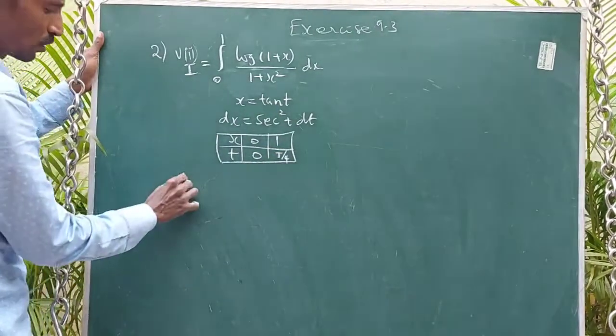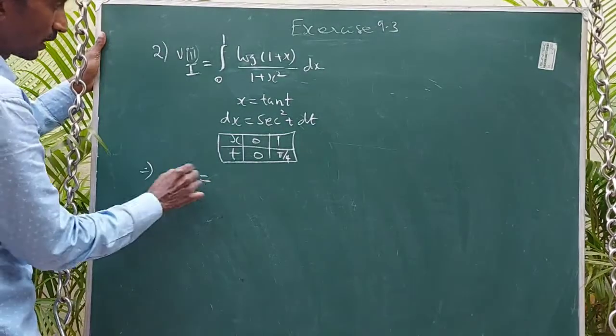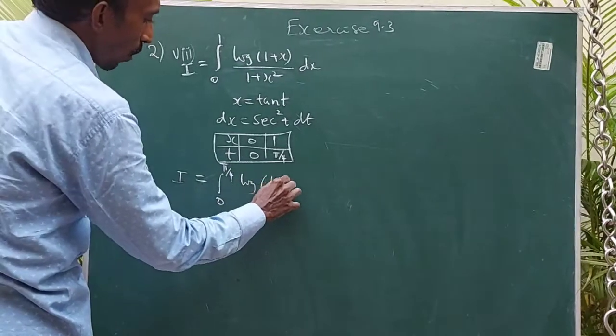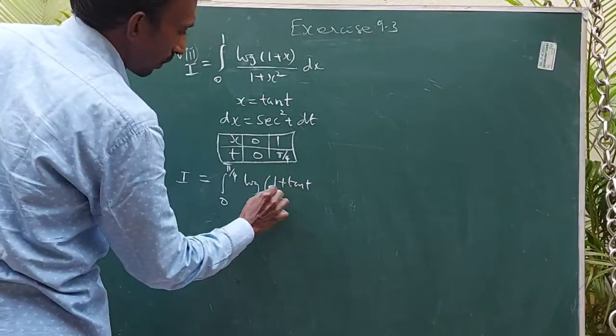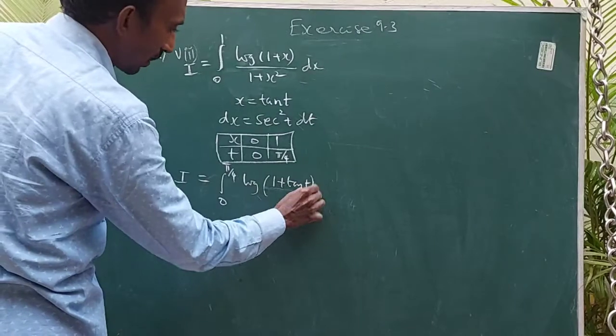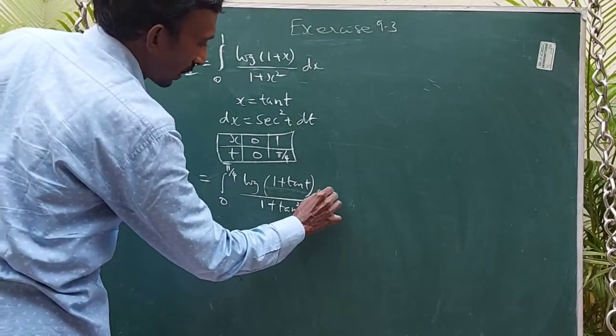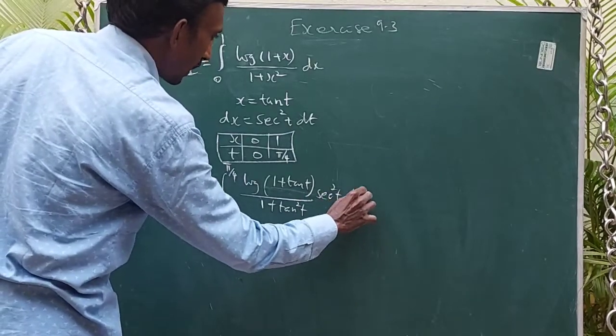So I equals integral 0 to pi by 4 log of 1 plus tan t, divided by 1 plus tan square t, into secant square t dt.